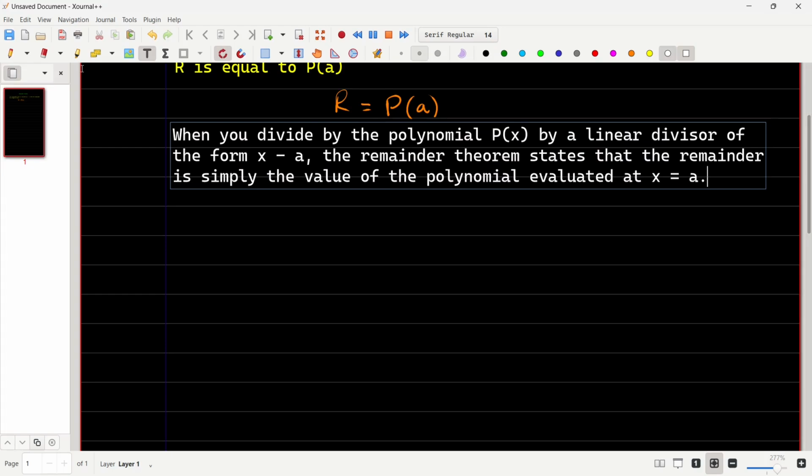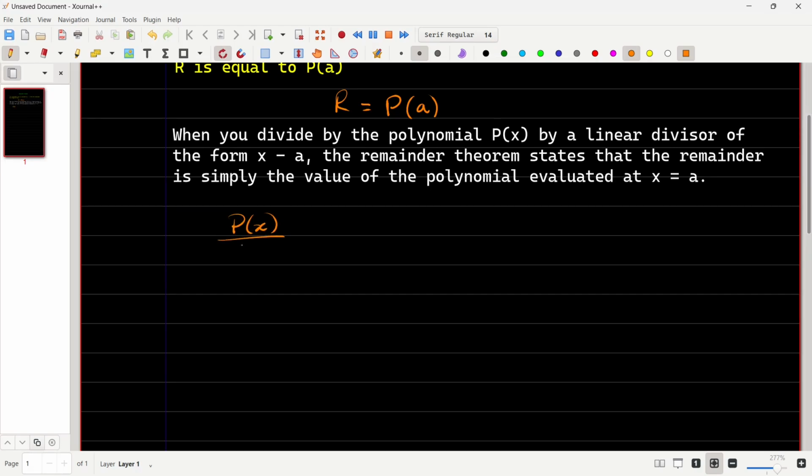Let's go back to when we were doing division of polynomials. Remember, we said that what we're doing is essentially taking p of x, a polynomial, and dividing it by x minus a. Once that division is done, we would get this polynomial q of x plus a remainder, divided by x minus a, and I should put this as r.